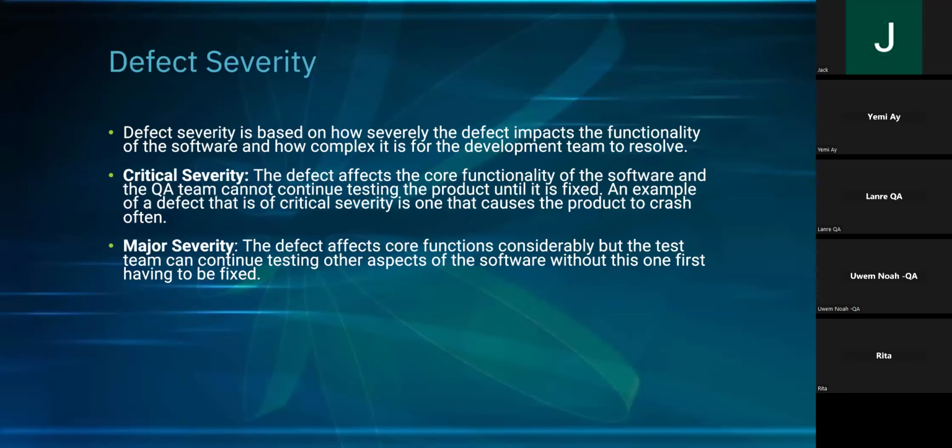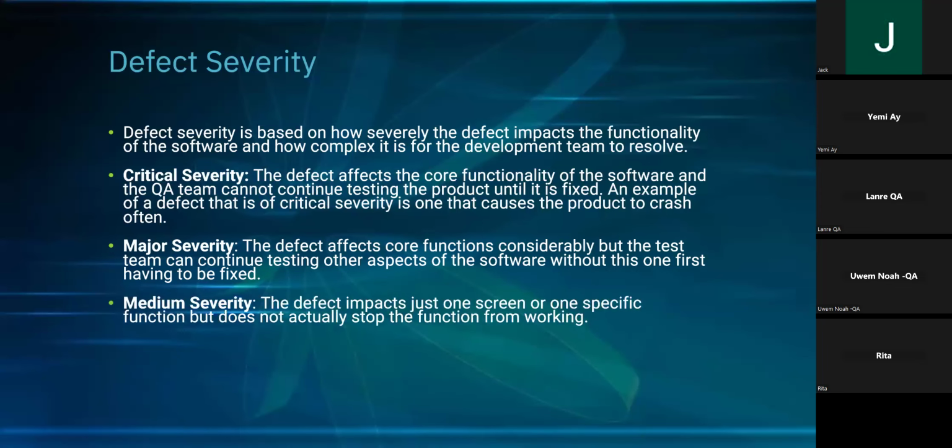When you logged in, maybe the issue was that the search functionality got broken. You can still log in, you can go to the navigation, you can look through, you can check your previous payments. You can still do some things, it doesn't stop you from testing.